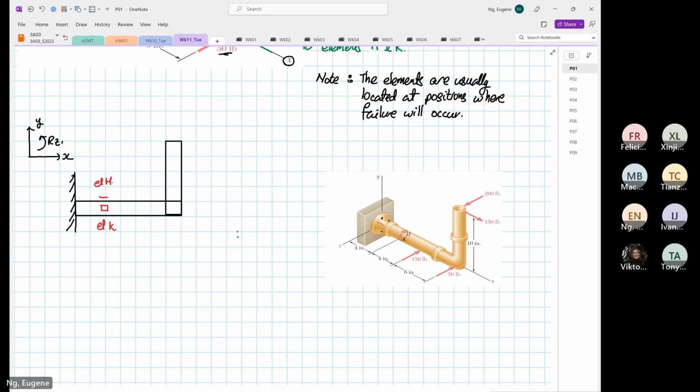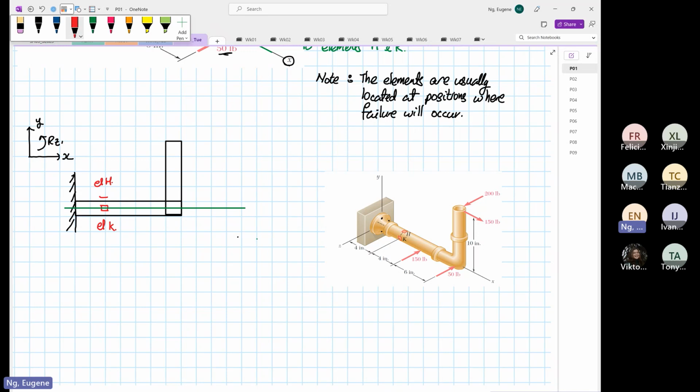Then we have to sketch over here. When you have a view like that, you have to sketch your centroid relative to the elements. So this is our centroid relative to the element. Once we have our centroid, we put in our forces.